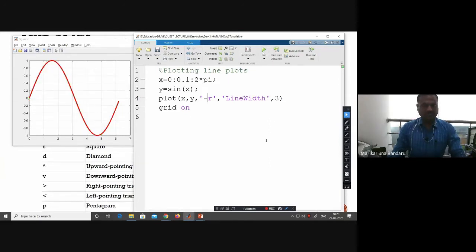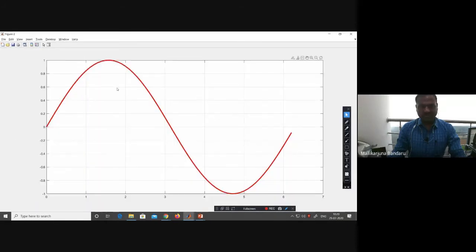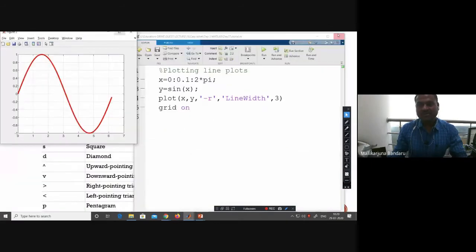This is the grid. Observe here, lines are coming, vertical and horizontal lines at every step size. This is 1, 2, 3, 4, 5, 6, and here from -1 to 1, in between -1 to 1.